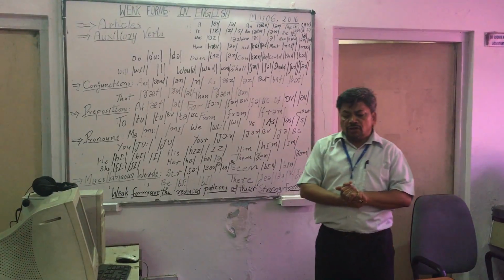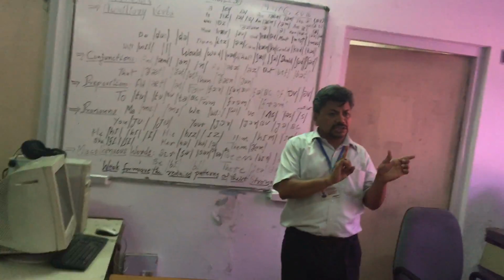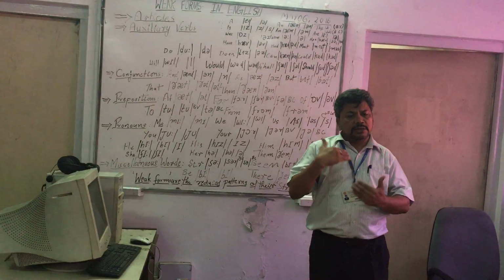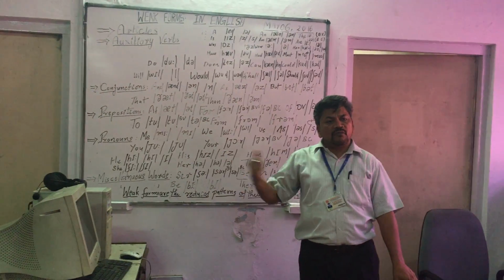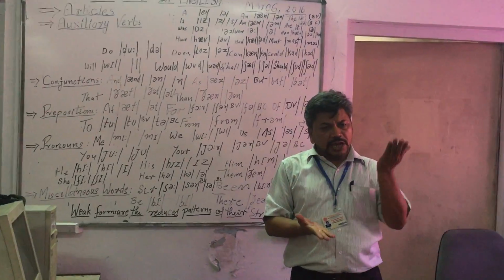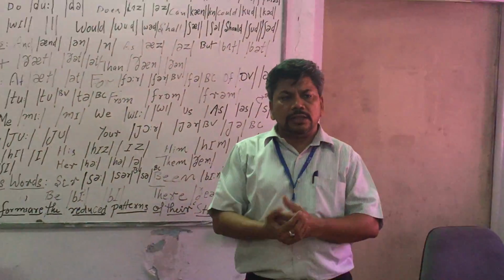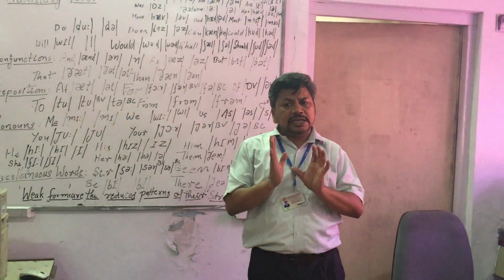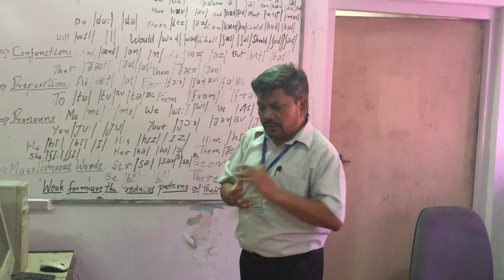Because of this, their sound and pronunciation change, and ultimately we came to know that by the use of weak forms, sometimes pitch variation is there, sometimes tone varies, sometimes even meaning changes, and it adds to the understanding of the foreign language.